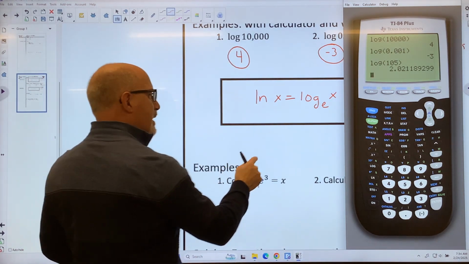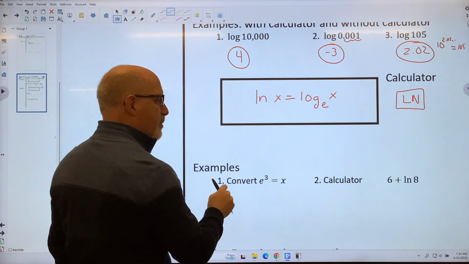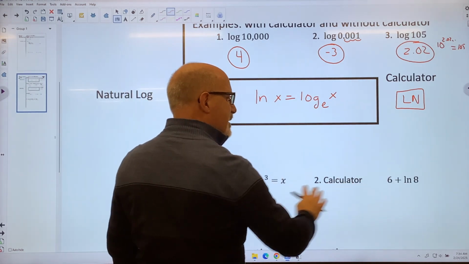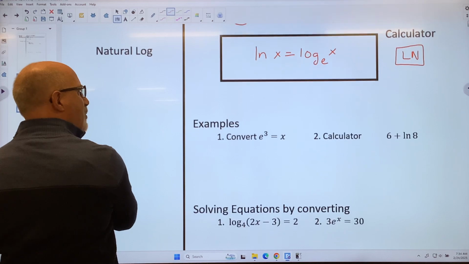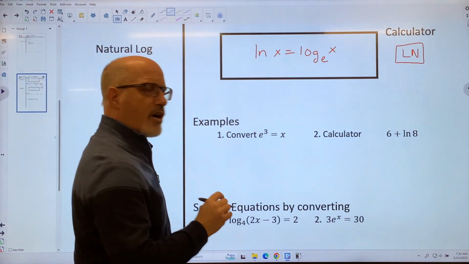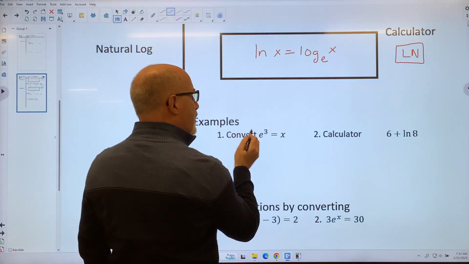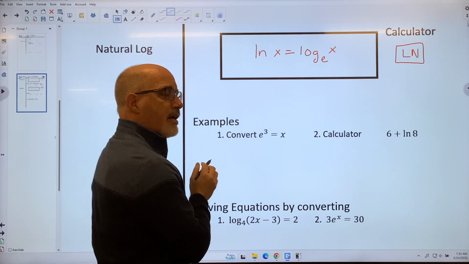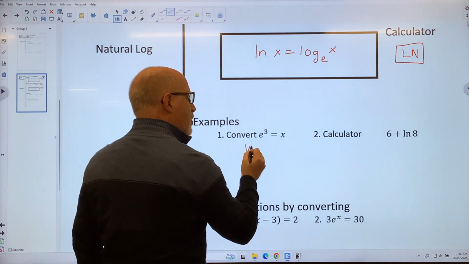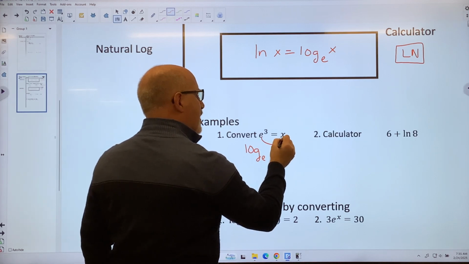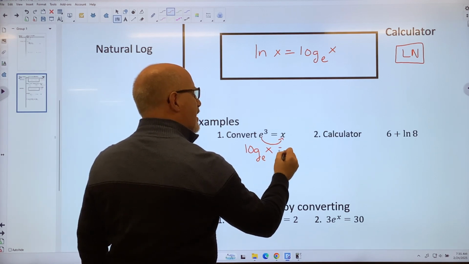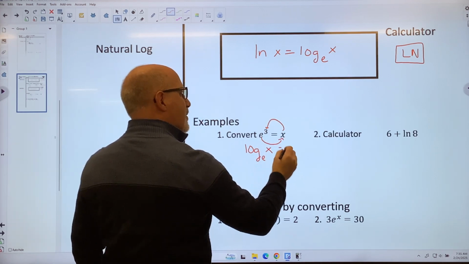So if we're going with a problem like this, where we're going to do some problems with natural logs, let's go ahead and remember what some of our conversions are. So when we do this one, if we were to convert this into a log, remember what you would do is you go log base e, so we start here, of x is equal to 3.